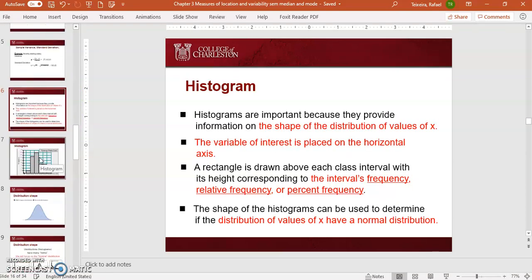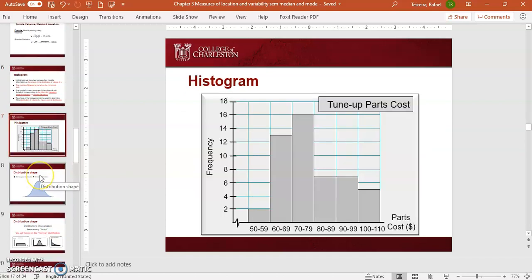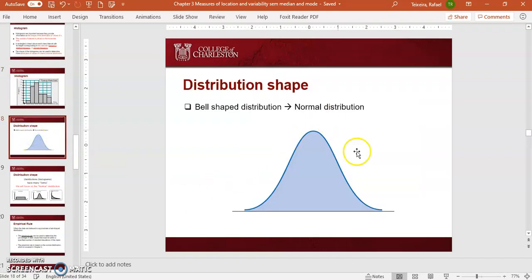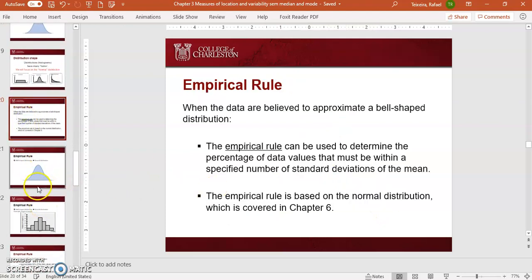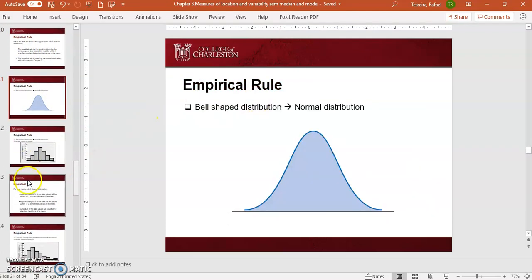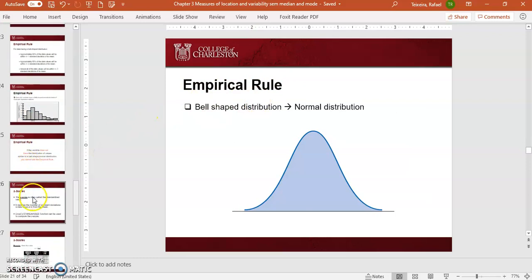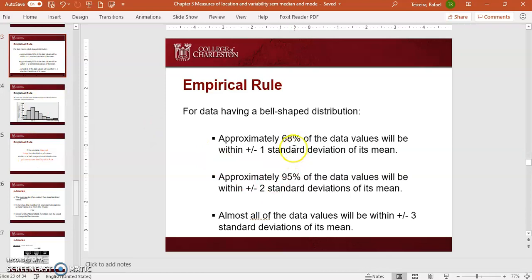And then we can talk about the histogram and the shape of distribution. So this is very important because we're going to be talking about the whole semester about the normal distribution, which has this shape. And if we know this shape, we know that we have the empirical rule, and the empirical rule says that the cases deviate from the mean in certain amount.